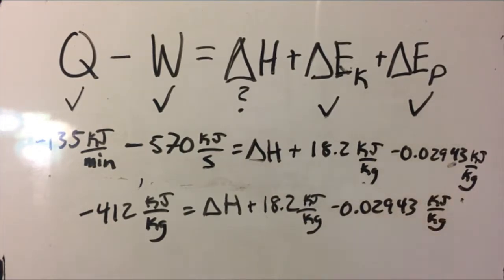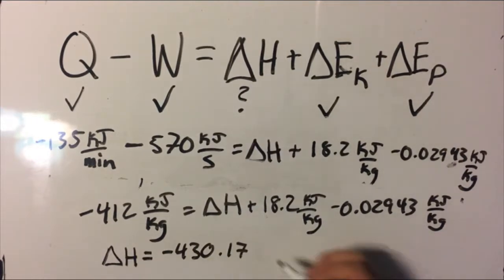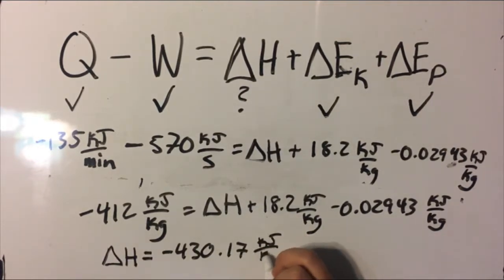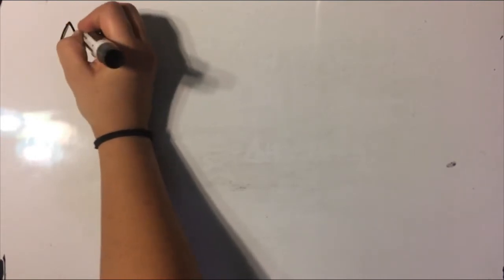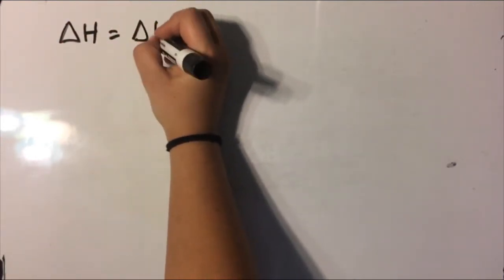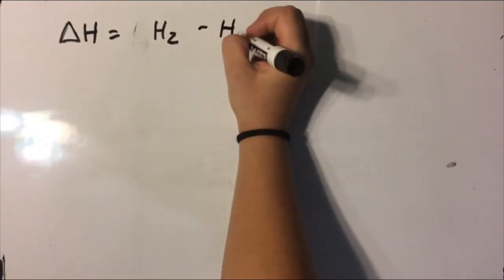And a bit of basic algebra later, we get our change in enthalpy to be negative 430.17 kilojoules per kilogram. So now that we have our change in enthalpy, what are we going to do with that? Well, we know that our change in enthalpy is our end enthalpy minus our beginning enthalpy, so our H2 minus our H1.